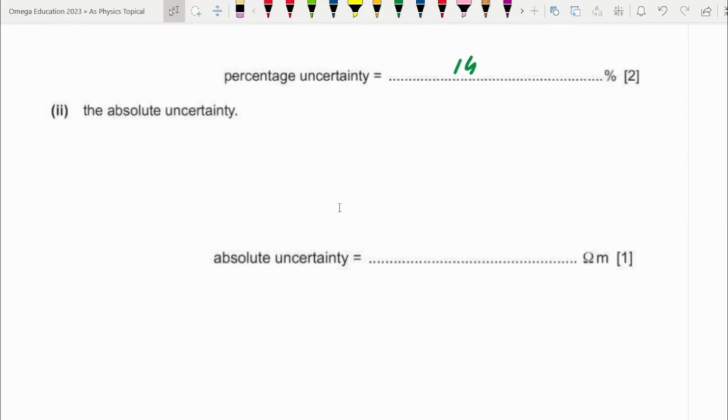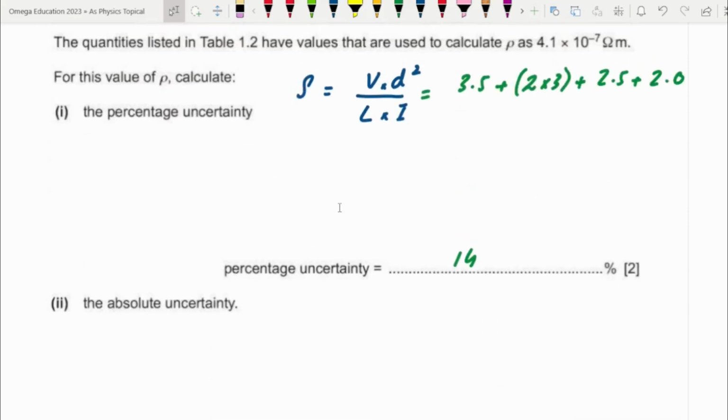Now we need to find the absolute uncertainty. In order to find the absolute uncertainty, you need to find the principal value of rho first, the principal value of resistivity, and then you find how much 14% is of that principal value. But the principal value is given already, and you don't need to find it. And that's why the question is for 1 mark only. So the principal value is 4.1 into 10 to the power minus 7, and you need to find 14% of it.